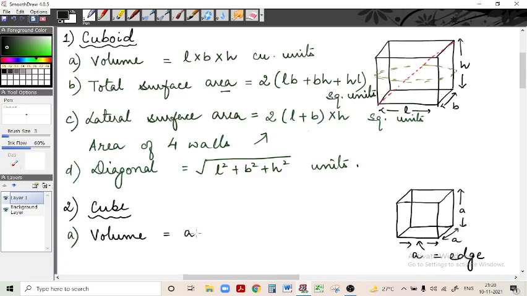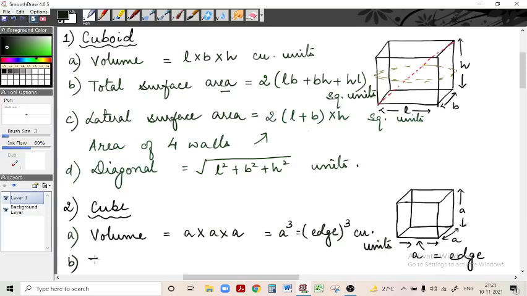So A into A into A will be equal to A cube. Somebody may also call it side cube. Anyways, it can be said. Okay, so this is in cubic units.